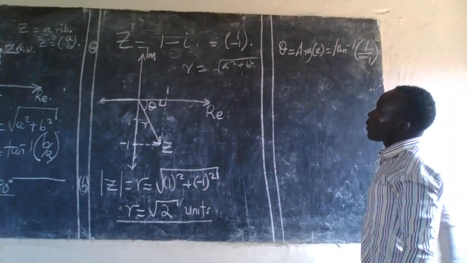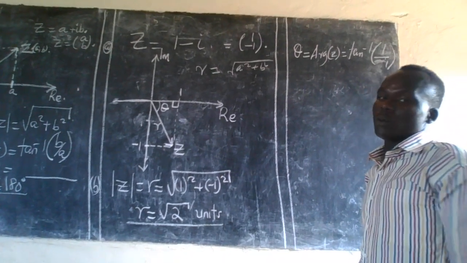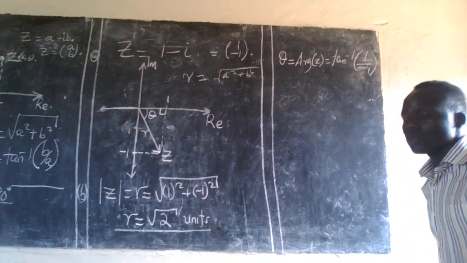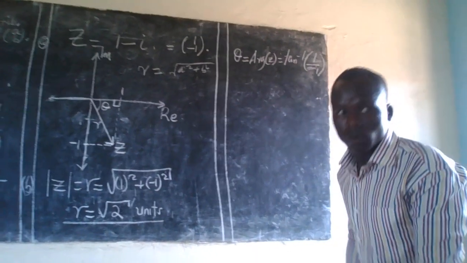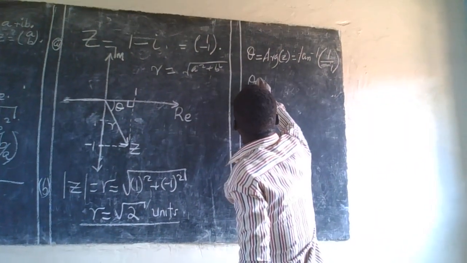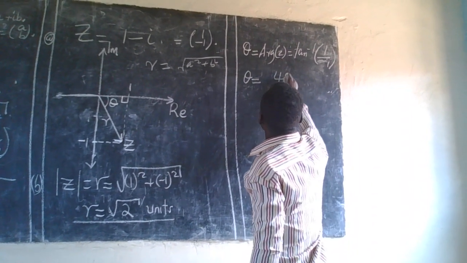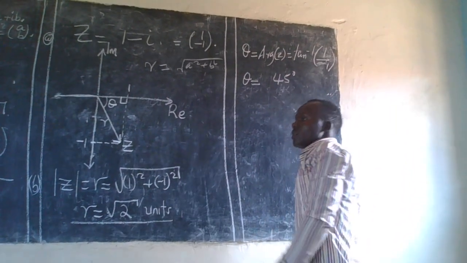This one we just say 1 over 1. We don't include the negatives when we are getting this. Negative is just to show the location. Theta, which is arg z, is equal to 45 degrees.